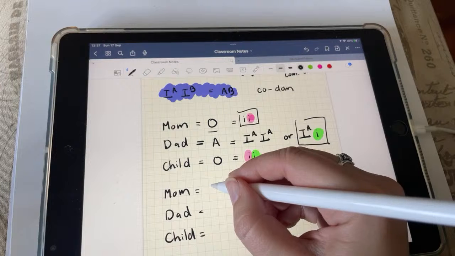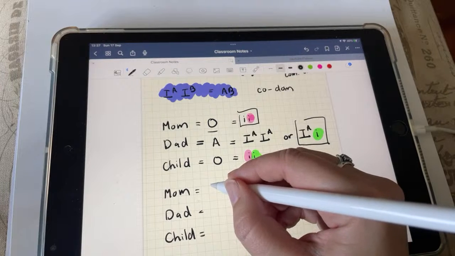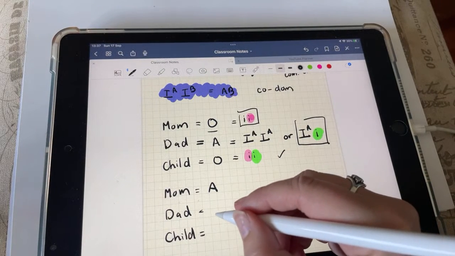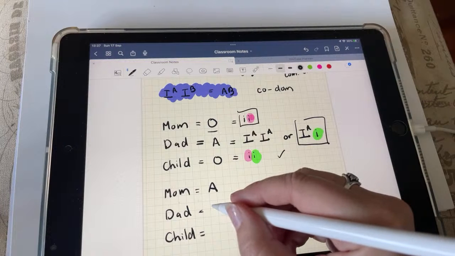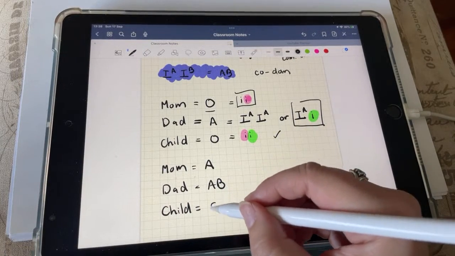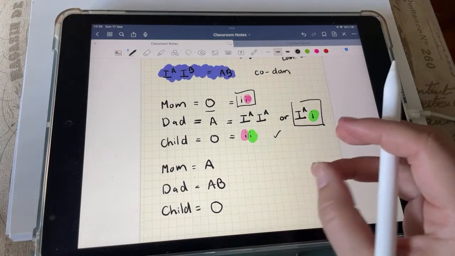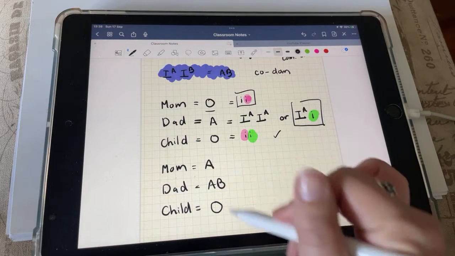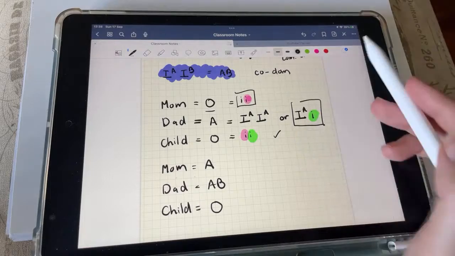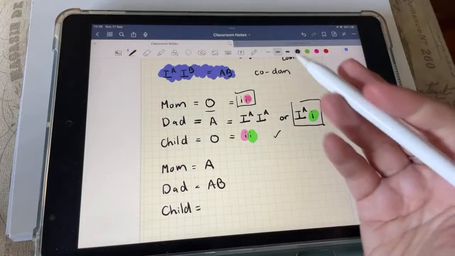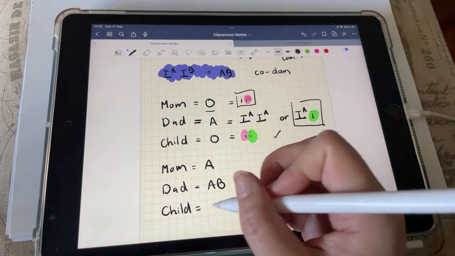Let's say we have a parent that is A. So mom is A, and dad is AB, and the child is O. Again, let's not look at everything at face value and go, oh, automatically, because this doesn't match up, this can't be their child. Let me do a different one, actually, because I want to prove my point a bit further.